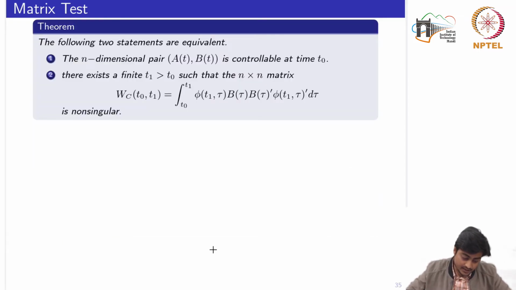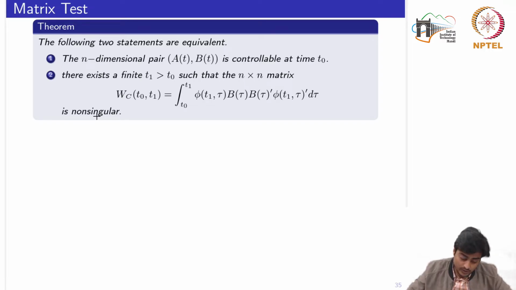So the first result says that the following two statements are equivalent. The n-dimensional pair A and B, in the time varying case, is controllable at time t0. There exists a finite time t1 greater than t0 such that the n cross n matrix WC given by this, which is basically the controllability Gramian, is non-singular.